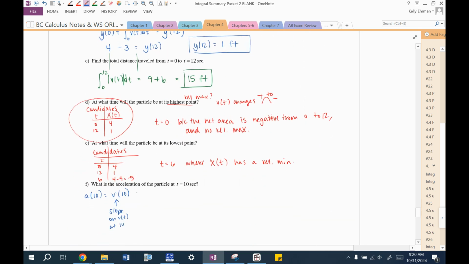I want to label this, since it's a value for acceleration. The velocity is measured in feet per second, so we're going feet per second per second, so feet per second squared. All right, let me just box these in. So that takes care of page 9.